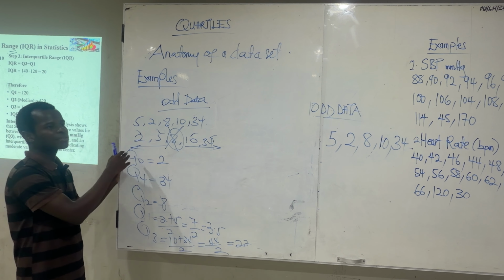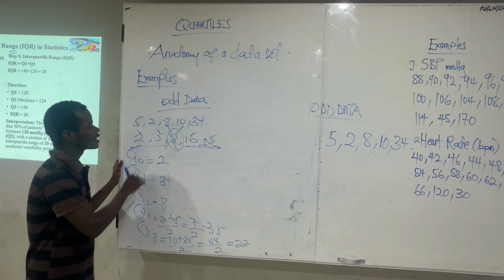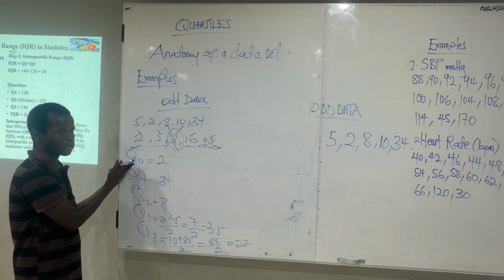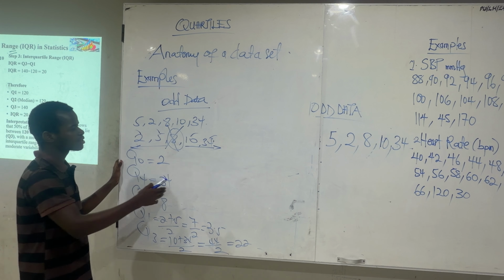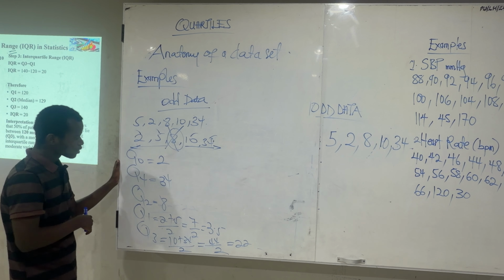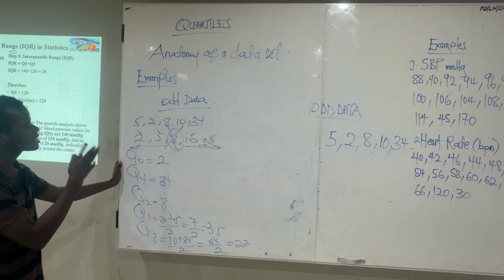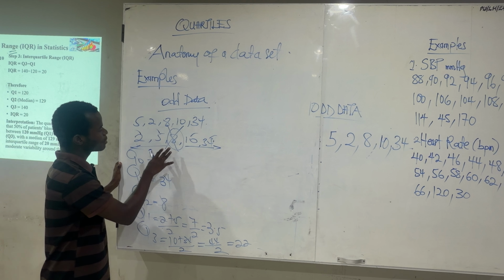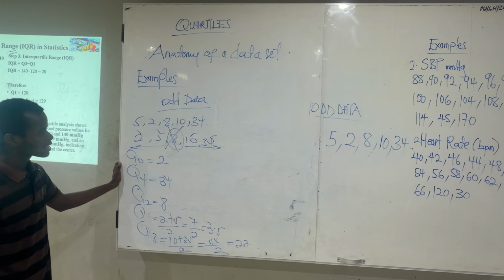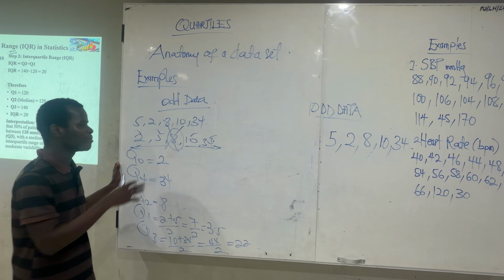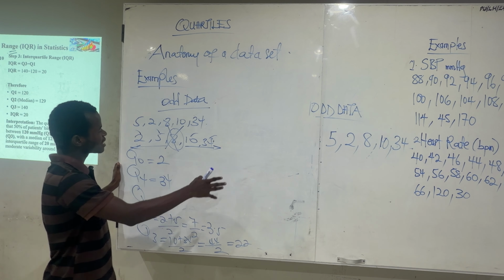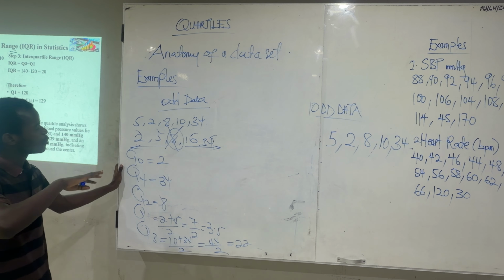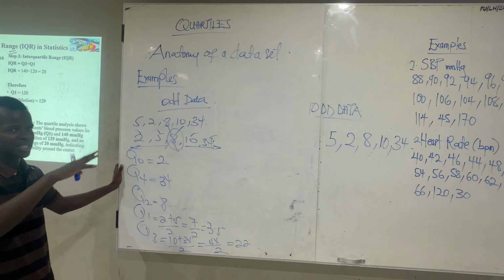And the least value in the data set becomes your Q0, and then the highest value becomes your Q4. And then when you get an odd data, it is easy to determine the Q2 because it is a single number in the data set when it is arranged in either ascending or descending order.